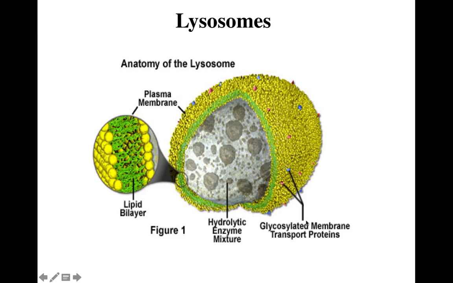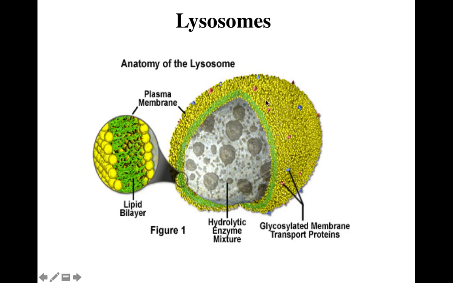So they have different sizes and shapes, and therefore they might also have different functions. They generally range from 0.1 to 1.2 micrometer in size. They're also known as suicide sacs or suicide bags because they're known to kill the cells themselves as well. This is the reason we call them suicide bags.